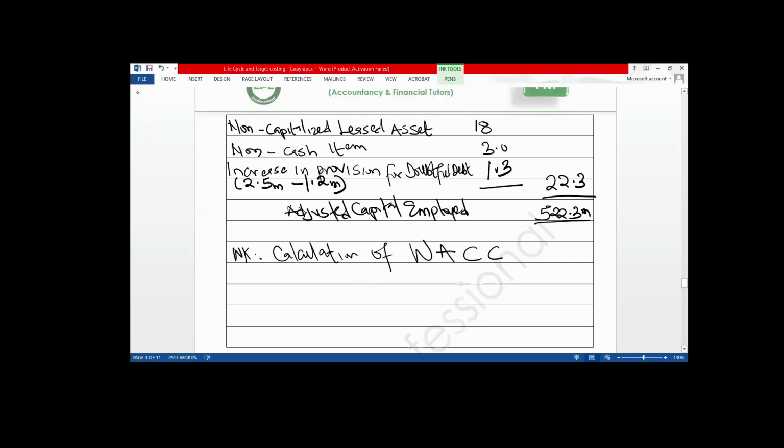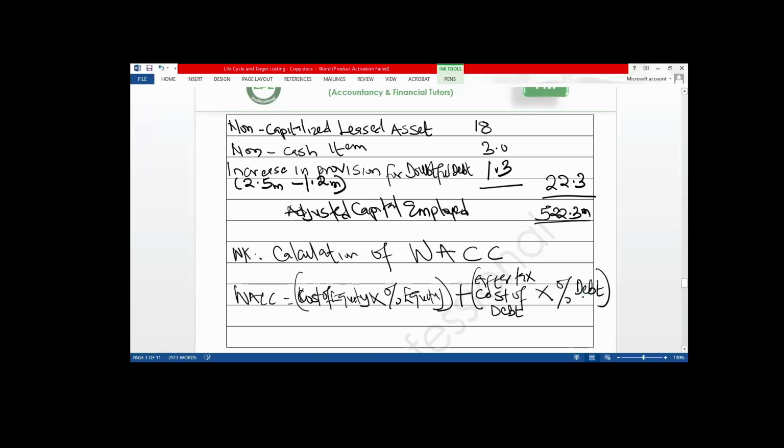Our WACC is equal to cost of equity multiplied by percentage of equity, close the bracket, plus open another bracket, after-tax cost of debt multiplied by percentage of debt.